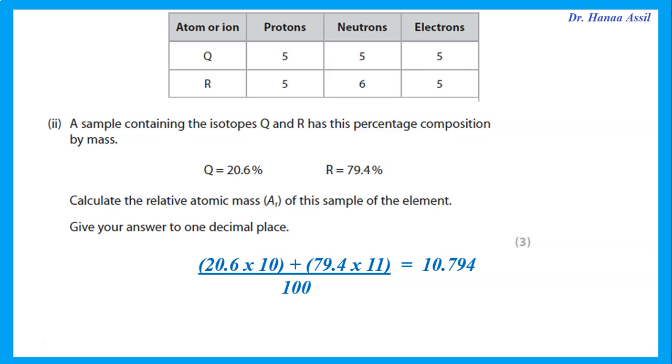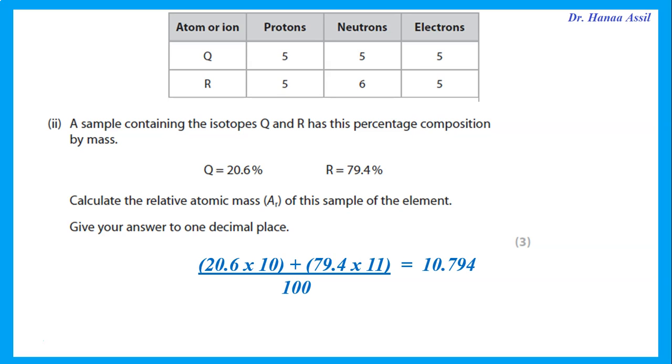What is the mass number of Q? The mass number of Q is protons plus neutrons, so Q has a mass number of 10. So we say the percentage times 10, plus R has a mass number of 5 plus 6, that's 11, times its percentage, all over 100.